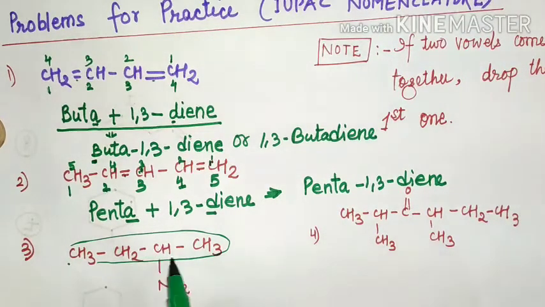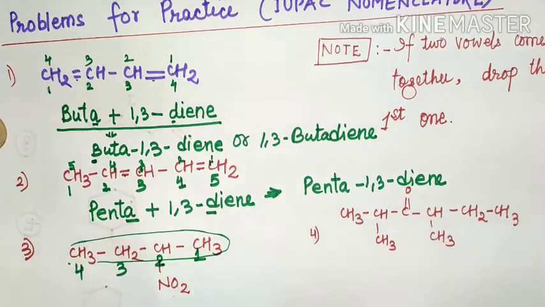There is no functional group, no double bond and no triple bond. Only a substituent is there. So we should number the chain in such a way that the substituent gets the lowest possible number. So we will start the numbering from the right side and the substituent gets position number 2. This is the correct way of numbering.